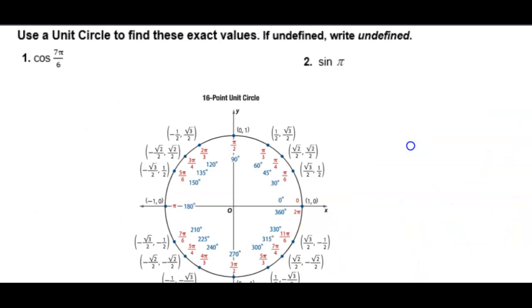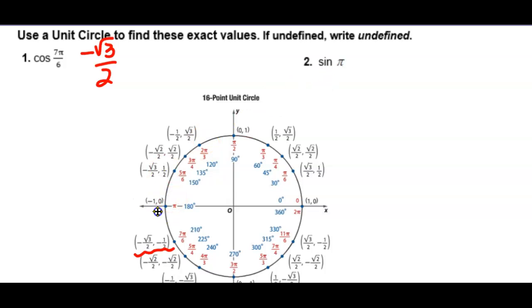All right, so we're going to use the unit circle to find these values. 7 pi over 6, you need to familiarize yourself where these are. A pi over 6 is 30, 7 of them would be 210, so it's down here. So we're looking at this ordered pair. The cosine is just the x. Easy peasy. So the sine at pi is here.